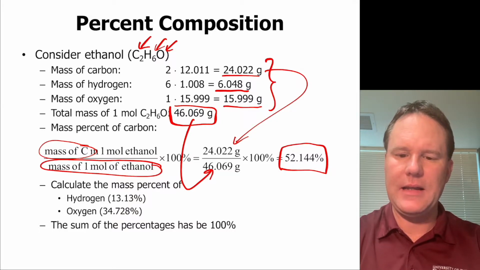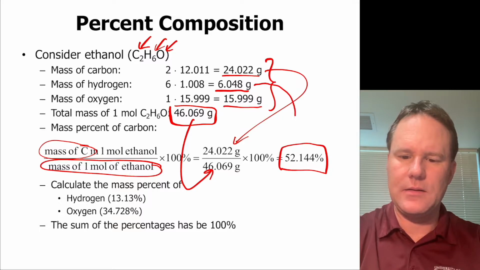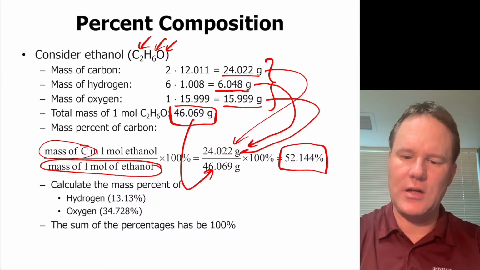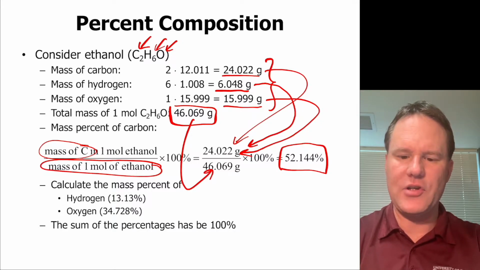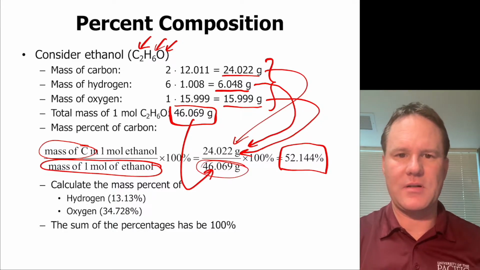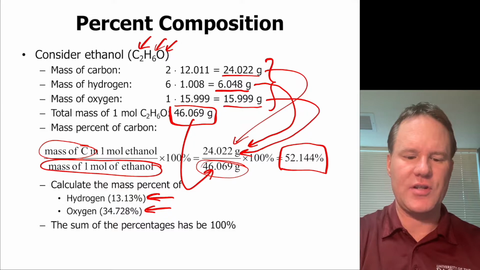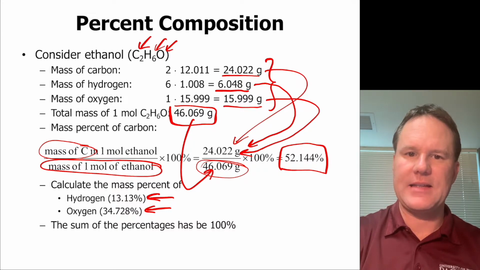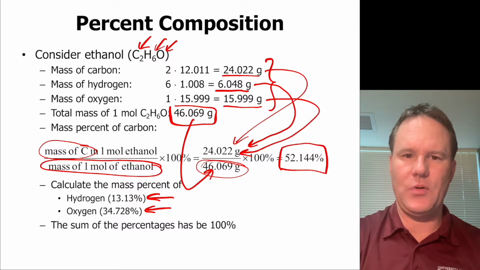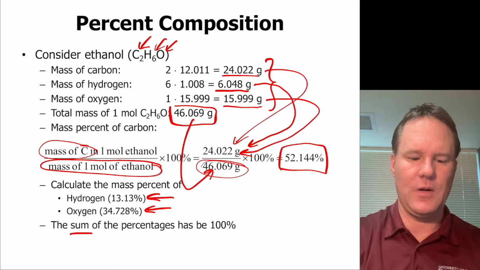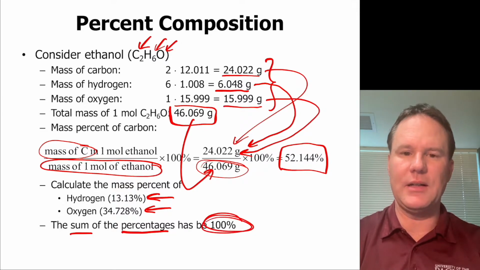And similarly, if you take the mass of hydrogen in here, or the mass of the oxygen in here, and then you do the same calculation, keeping this the same, of course, because that's the whole 1 mole of ethanol, then you get the mass percentages of the oxygen and the hydrogen. Now, of course, since the sum of all of them would be the whole molecule, this means that the sum of the percentages will have to add up to 100%.